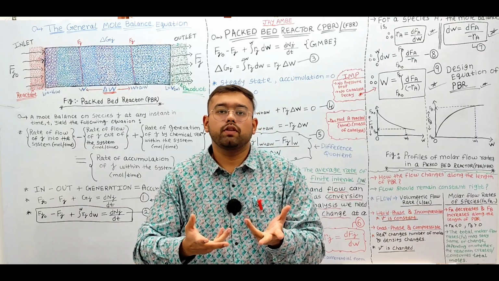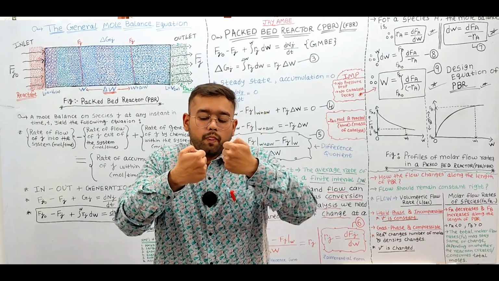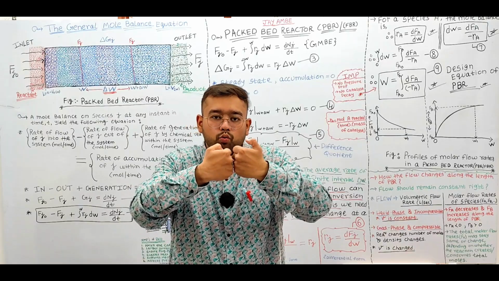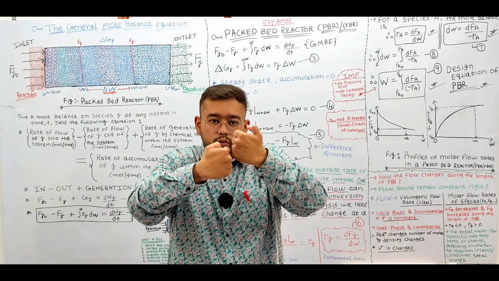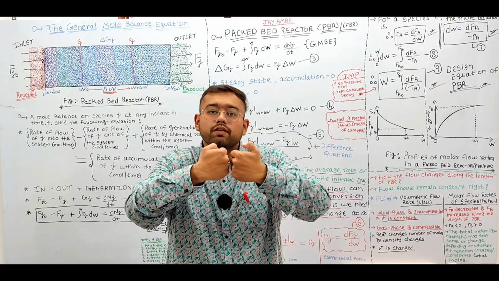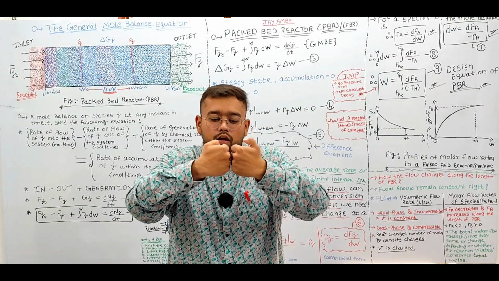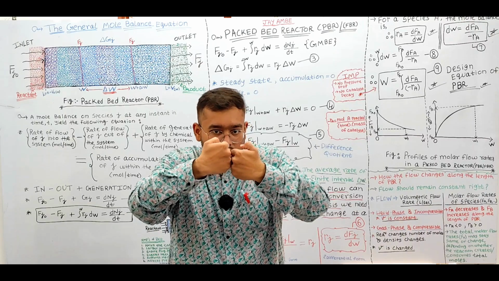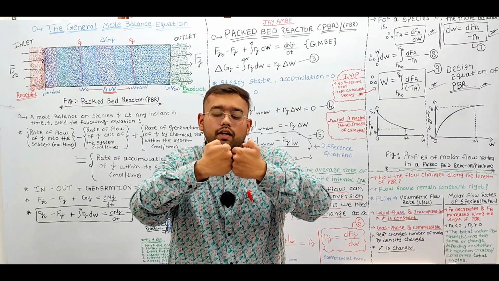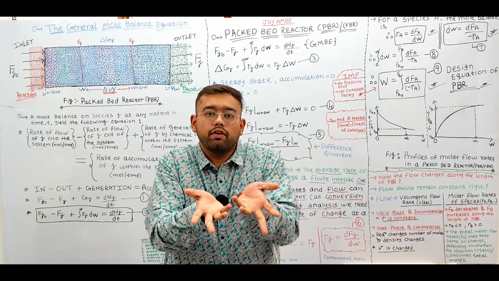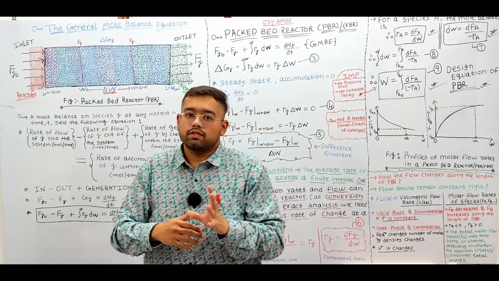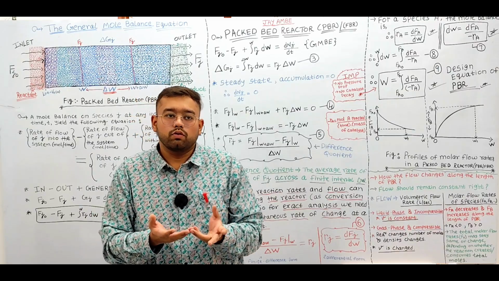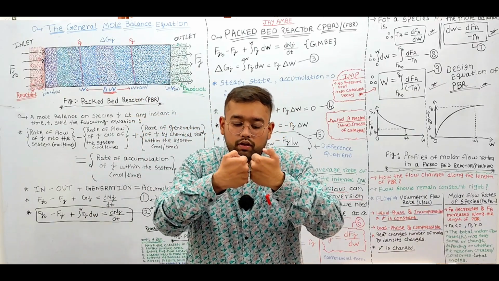Attrition loss will take place, which means the solid catalyst particles will rub against or move against each other, and due to wear and tear the solid catalyst will disintegrate and degrade, right? And the activity of the solid catalyst will reduce. So we should not have attrition loss.